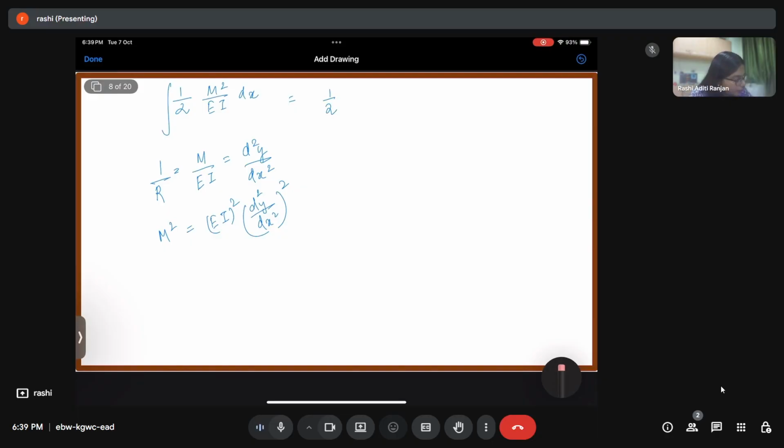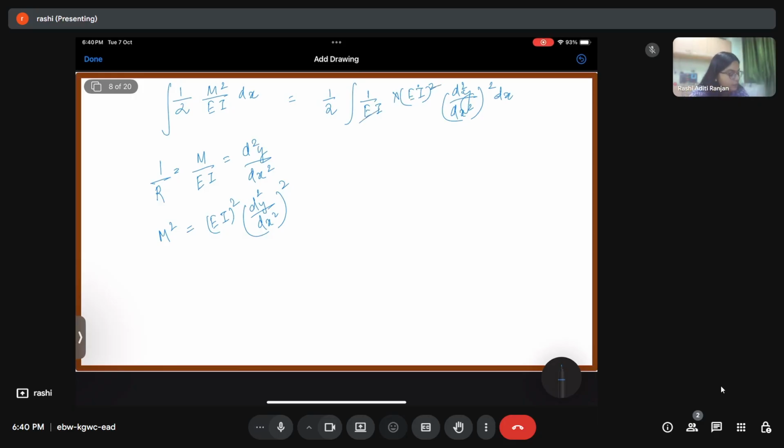So what are we going to get? Half into integration of 1 by EI into M square, which is EI square d2y by dx square whole square into dx.